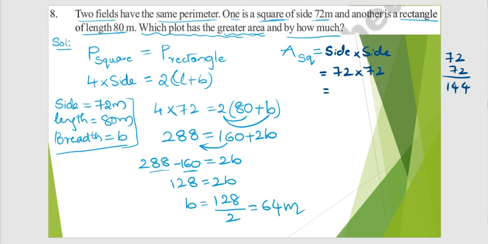Next 7 2s are 14. So 1 will be carried, 7 7s are 49, so 50. So how much are you getting? 5184, right? So this value is nothing but 5184 square meters. The same way I am going to find out the area of the rectangle.